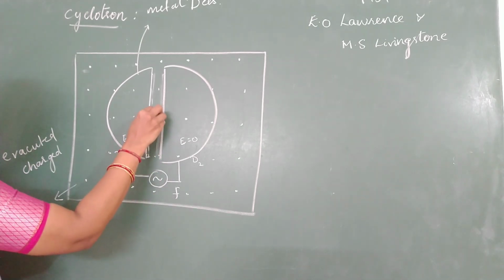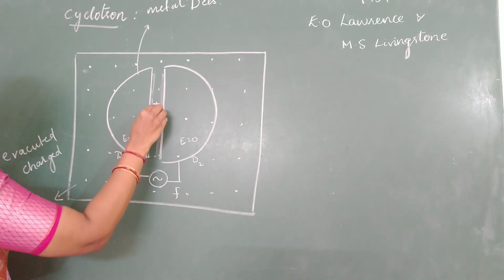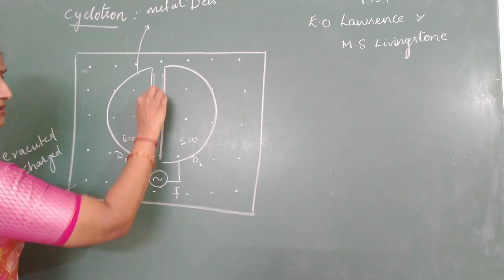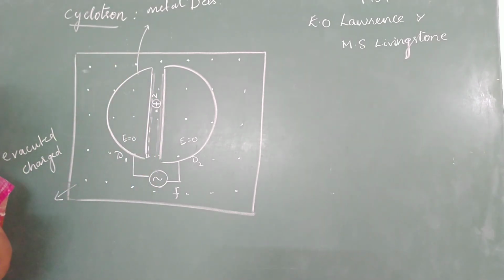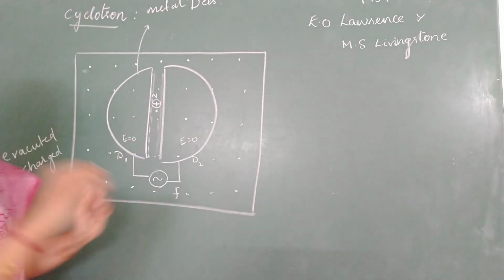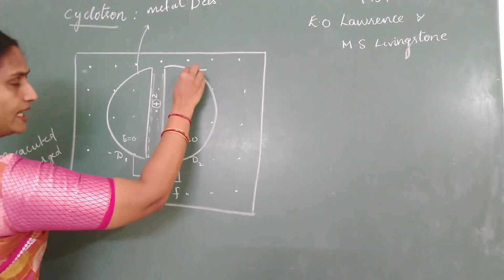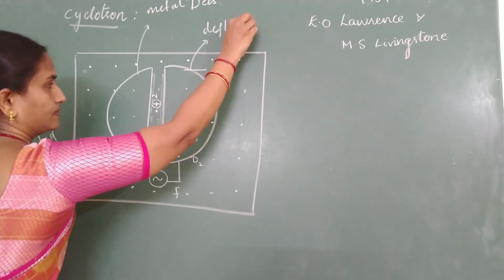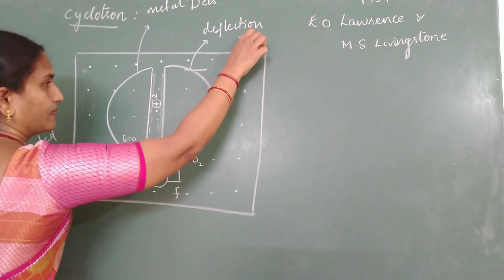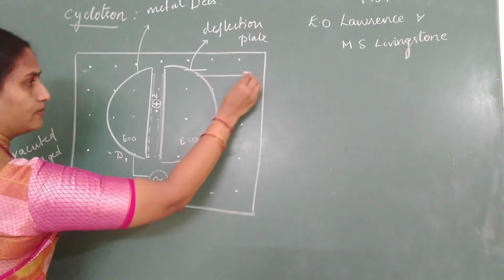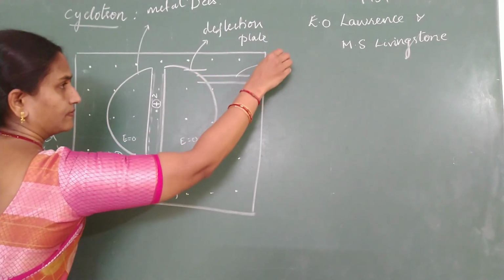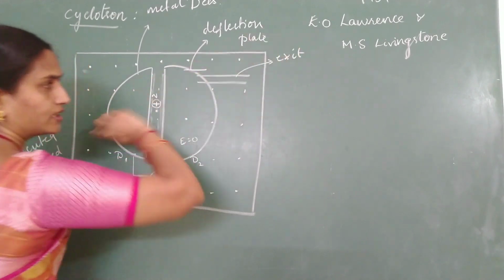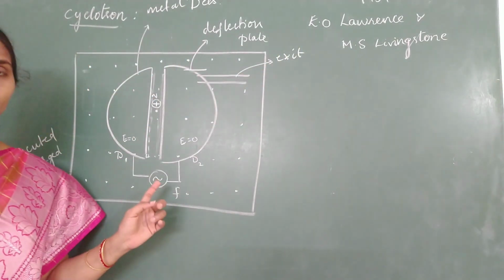So this is the center of the two Ds, where I am going to place a positive charge whose charge is Q, and I will take the mass as m. Now this is the arrangement, and here you have one deflection plate. Okay, and then there will be an exit for removing a fast moving charged particle.